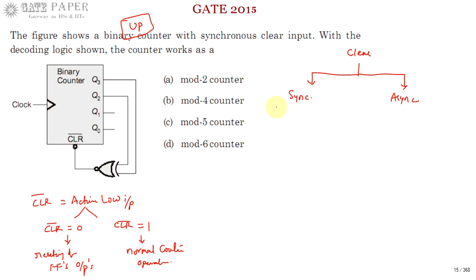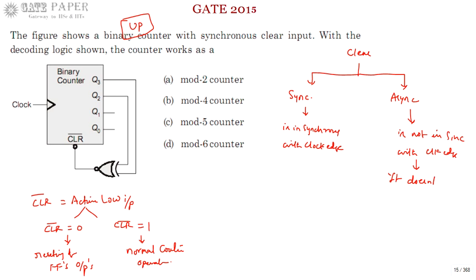The meaning of synchronous is that clear is in sync with the clock edge, whereas asynchronous is not in sync with the clock edge, so it doesn't wait for the clock edge to reset the flip-flop outputs.